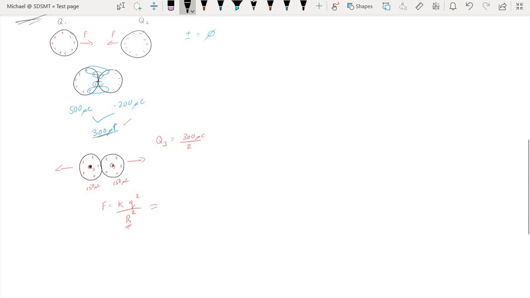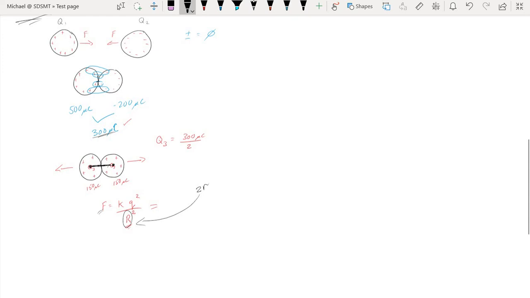And so we're going to take the charge of each sphere and we're going to collapse it down to the center of each sphere, and that means that the separation distance between the two is just going to be 2 times the radial value of each sphere. And so that's what we're going to have to plug in there. But then once these spheres start repelling each other, that R value is going to start becoming larger and larger and larger, which means the repulsive force is going to start becoming smaller and smaller.